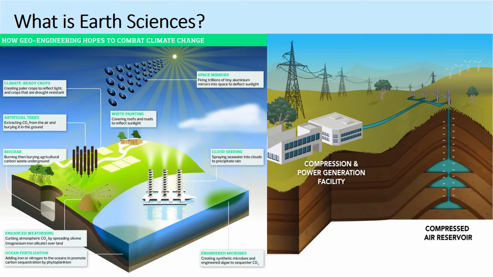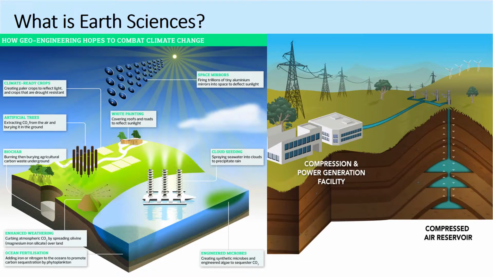Kind of related to this idea of sucking CO2 out of the atmosphere and putting it in the ground, there's the idea of energy storage, which people in Edinburgh are working on quite a lot. If we want nice renewable energies, and you might be able to see some wind turbines in the top corner of this diagram, renewable energies like wind turbines are great, but quite often they're really intermittent.